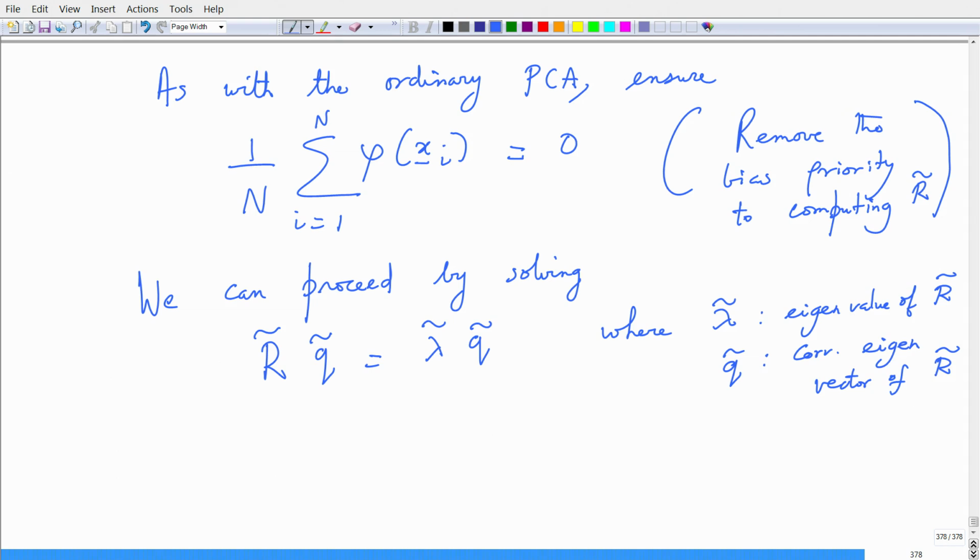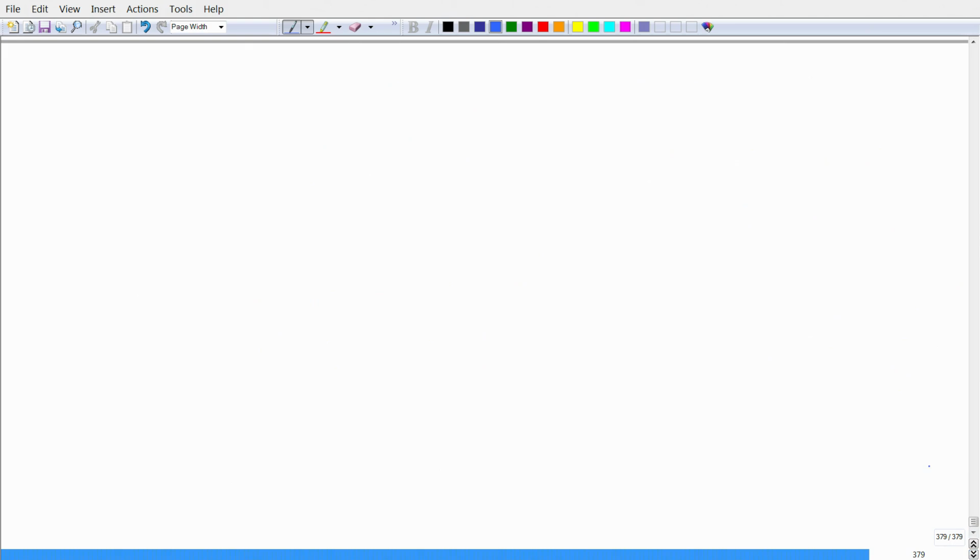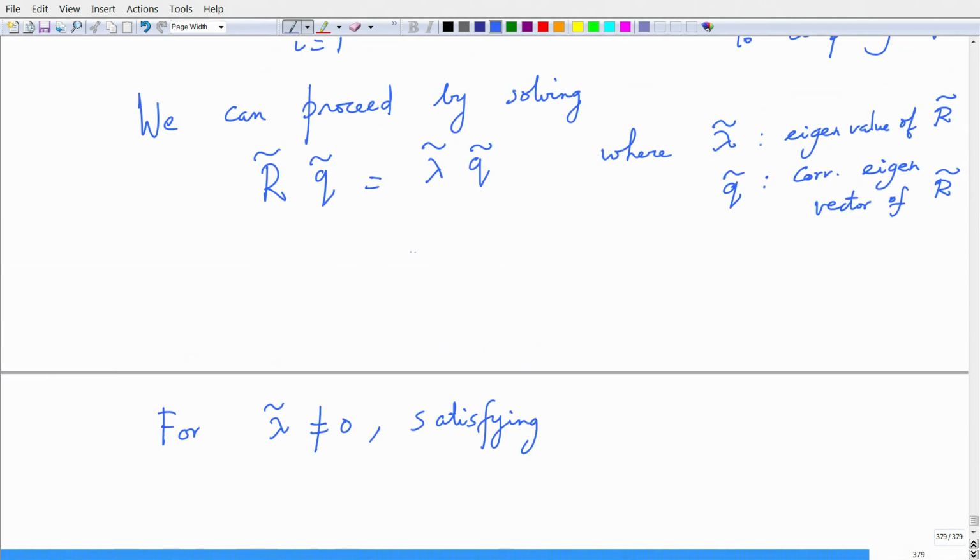Now, for an eigenvalue which is non-zero, for lambda tilde not equal to 0, satisfying this eigenvalue equation, I call this equation 1.